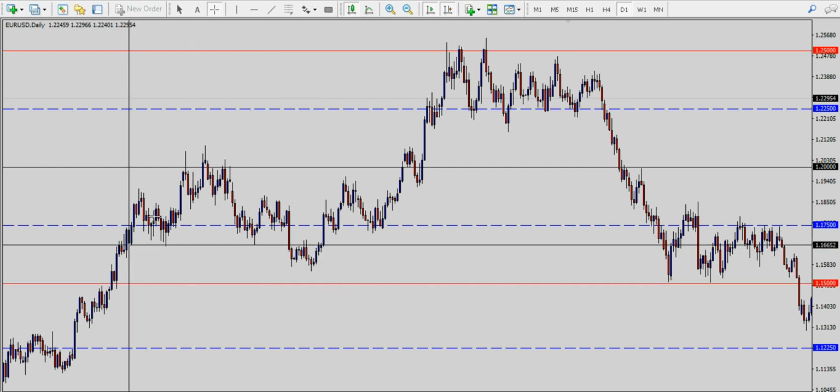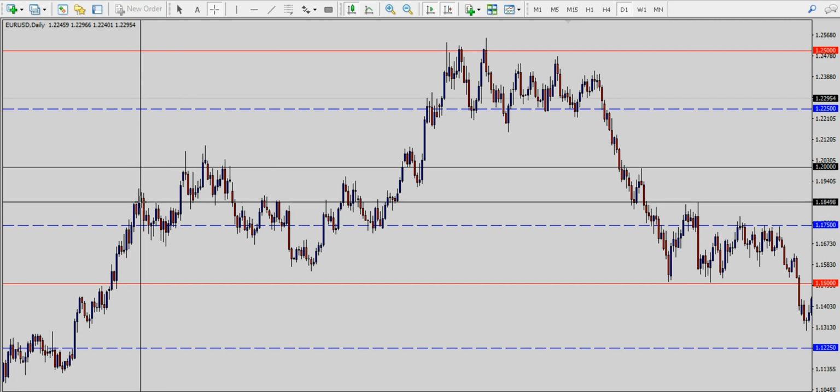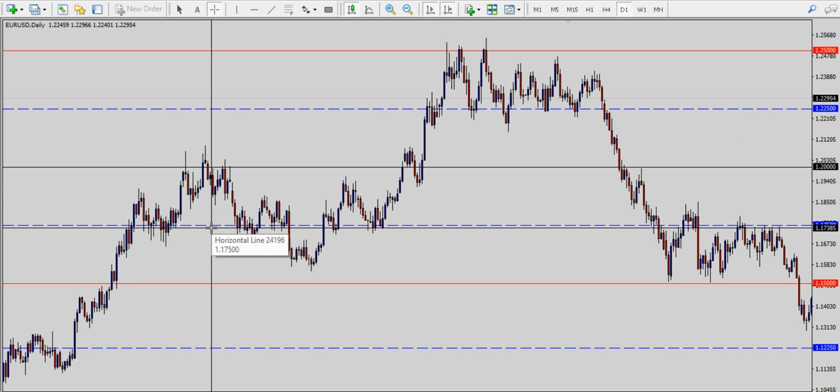So whenever it breaks, it has the highest probability of continuing to the next key level. Whenever it rejects, it has the highest probability of coming back to the same key level it broke to retest, right? So this is what it does.